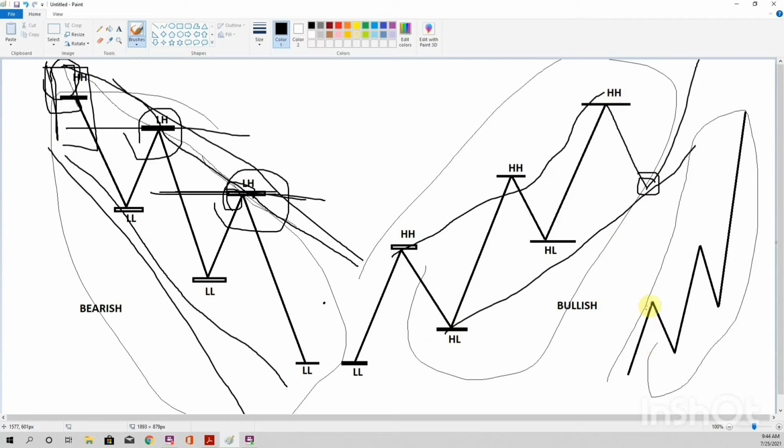When you can connect two highs to the third one easily, because now you can see this high is here, so your trend line would be like this.